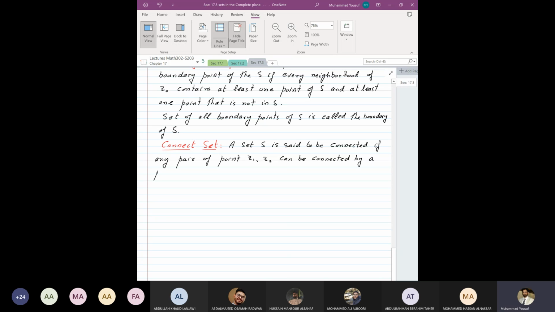Okay, what is this? Polygonal line means a set of some lines. Instead of making this figure, let me show you this figure from your book.